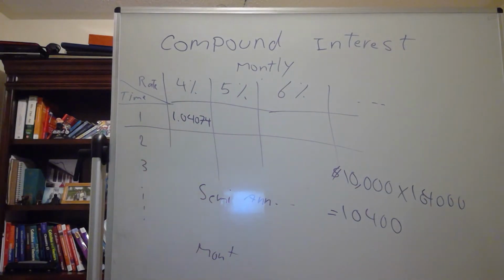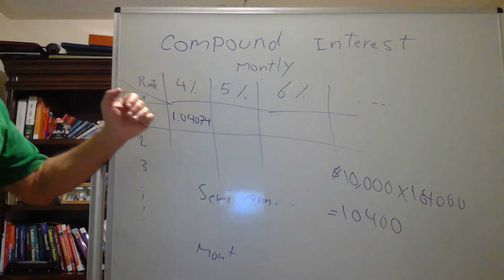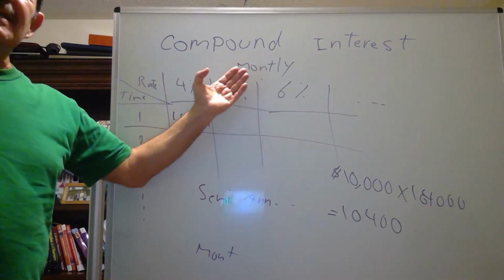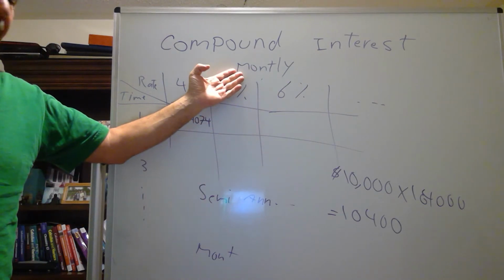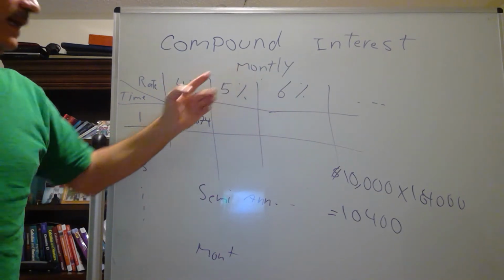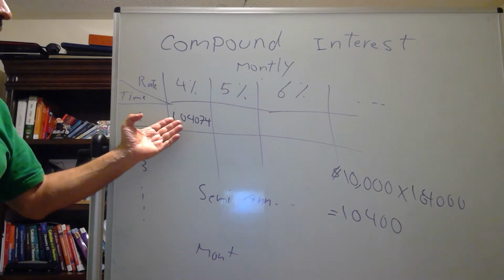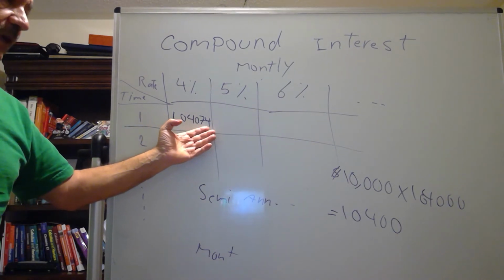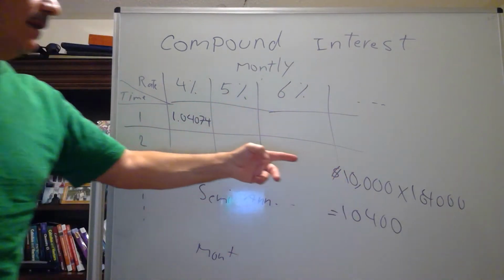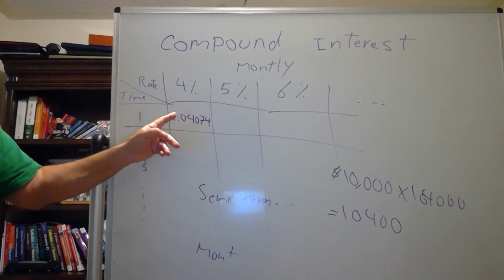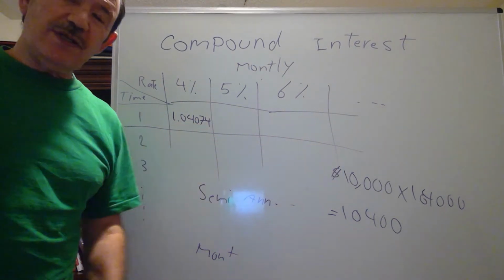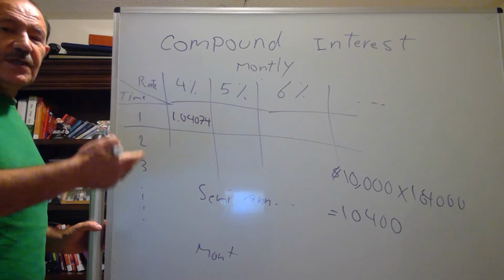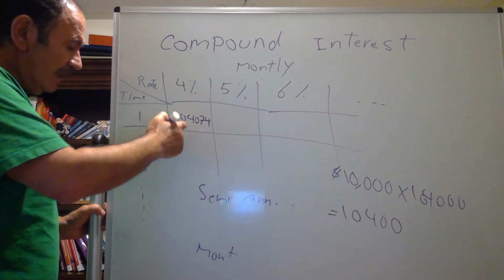So if I invest $1 compounded monthly, it means at the end of each month they calculate my payment. At the end of the 1 year, how much am I going to receive? 1.04074. And if I invest $10,000, then I should multiply this 10,000 by this number. Then I will calculate how much I'm going to get paid, how much my final value will be at the end of 1 year.